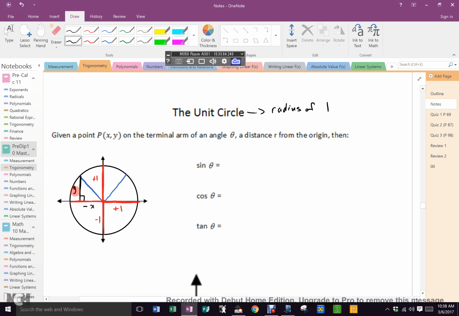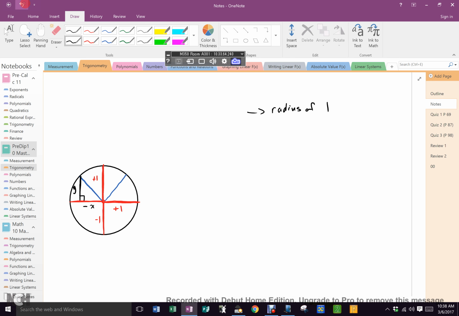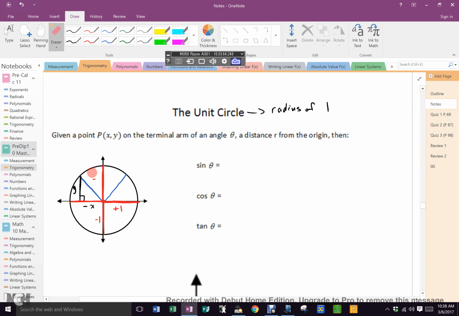Correct? Everybody understand? Okay. So now I have, I erased my circle, an angle, yes? This blue line is just R, isn't it? Because it's the radius, yes? It's got no positive or negative.